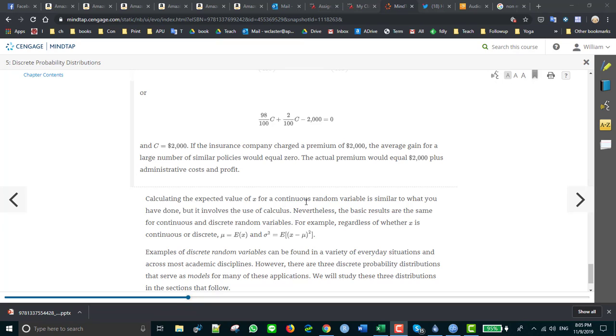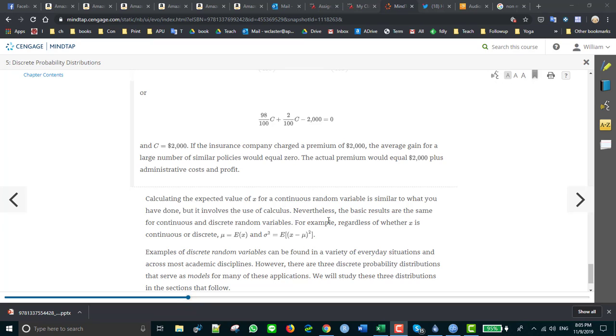Now, this section has all been just for discrete random variables. We talked about the difference between discrete and continuous random variables. We've been working with discrete random variables so far, and I think for the rest of this chapter, in fact. But they just mention here that when we do end up talking about continuous random variables, which should be chapter 6, then some of this will still look similar.